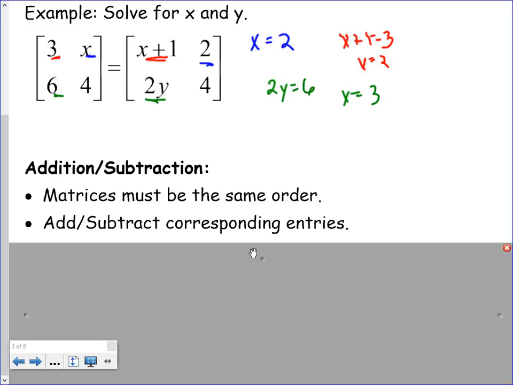When adding and subtracting matrices, you basically just add and subtract corresponding entries. That's the whole reason why you need to have the same order. If one matrix had an extra row, you wouldn't have anything to add with it. So then you couldn't add those matrices together.